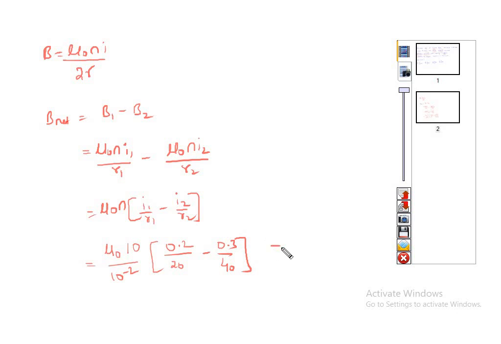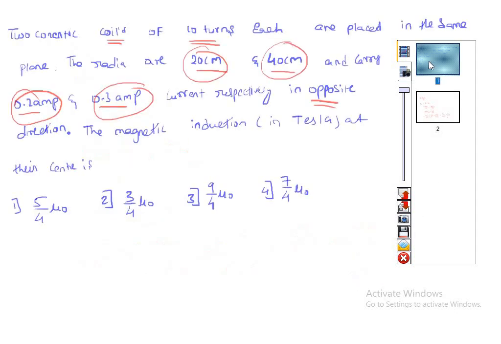So this will give you the value of mu naught by 4 into 10 to the power of minus 5. So this will give you the value of 10 by 4, that is equal to 5 by 2 times mu naught. So 5 by 2 times mu naught is the final option.